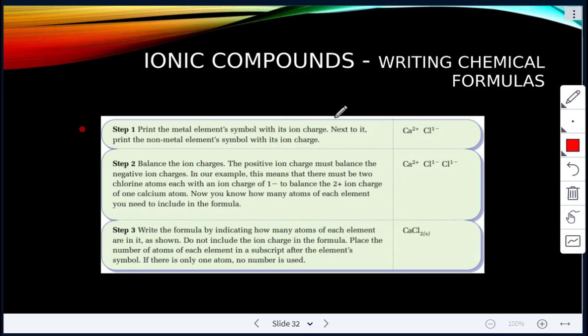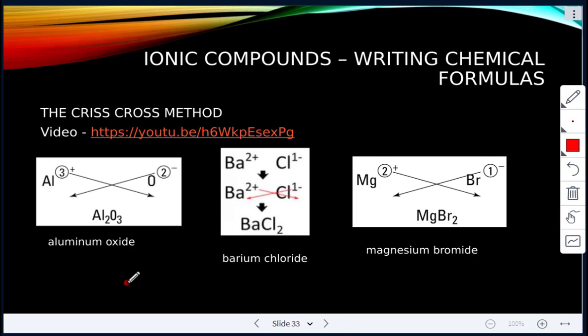So in this example, we have calcium, which has a 2+ charge. Chlorine has a 1- charge. So here what they've done is they're balancing the ion charges. So for every calcium ion, there has to be two chlorine ions to give us our chemical formula of CaCl2. But like I said, I'm going to show a different method, which is called the crisscross method.